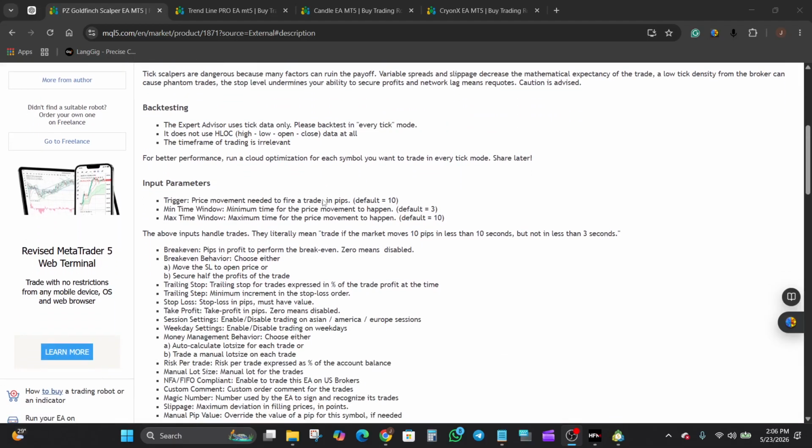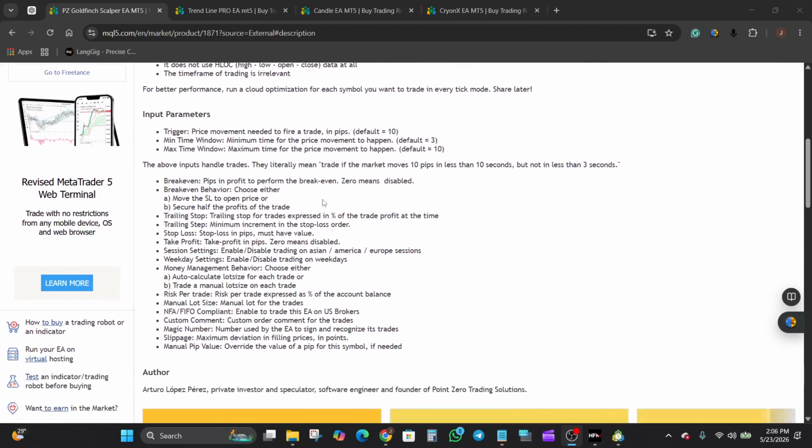Moving into the inputs, the first thing that stands out is the trigger mechanism, which is based on a price movement in pips combined with a time window. So essentially, the EA is designed to react when the market moves a certain distance within a specific time range. That's the core condition that determines when a trade setup is considered. Then we have trade management settings like break even options, trailing stop behavior, stop loss, and take profit controls.